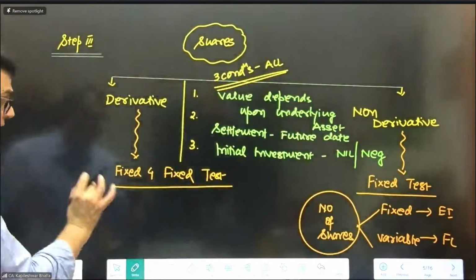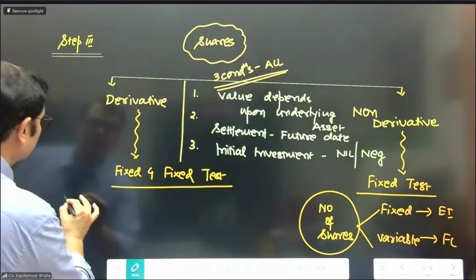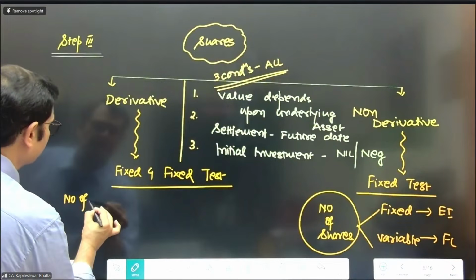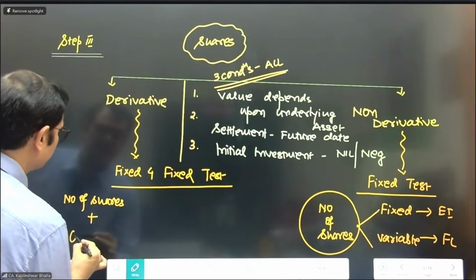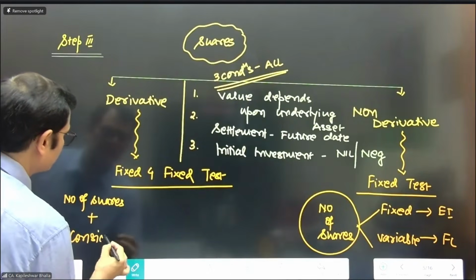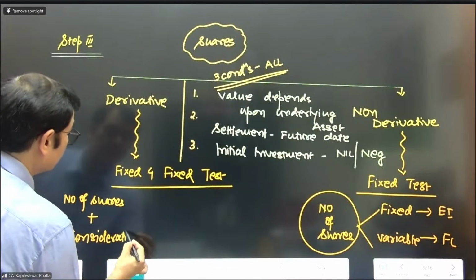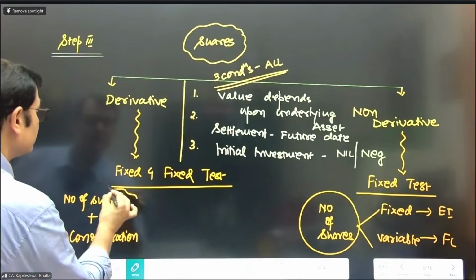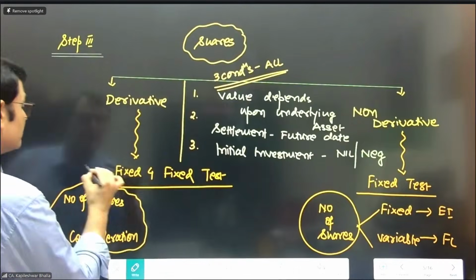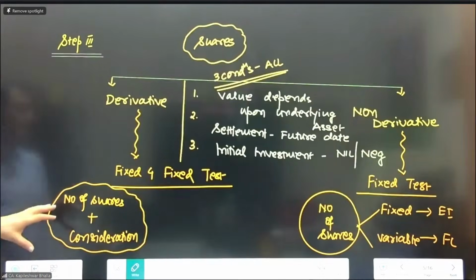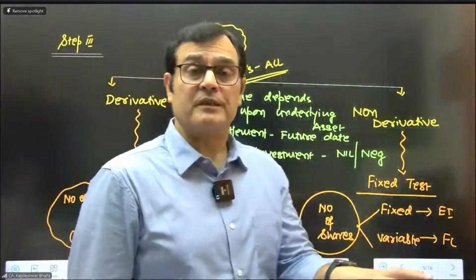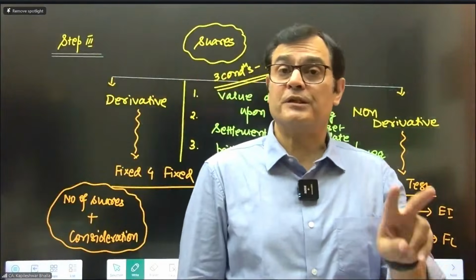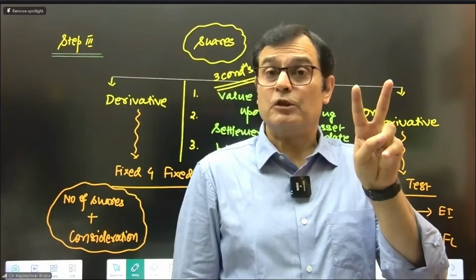Accordingly, we decide it is equity or financial liability. Next, for the fixed for fixed test, you need to see the number of shares, and you also need to see the consideration to be received against the allotment of those shares. Both factors need to be seen.